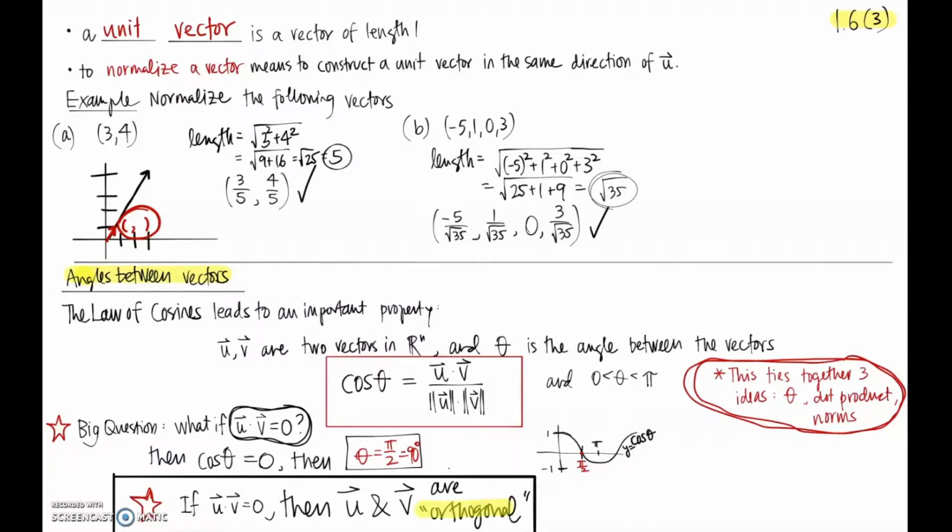And that just means that they are perpendicular. And that's an important property that we'll spend a lot of time investigating throughout the course. So this result here: if the dot product between two vectors is 0, then those two vectors are orthogonal.